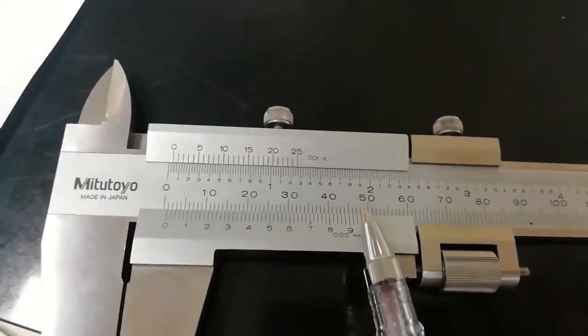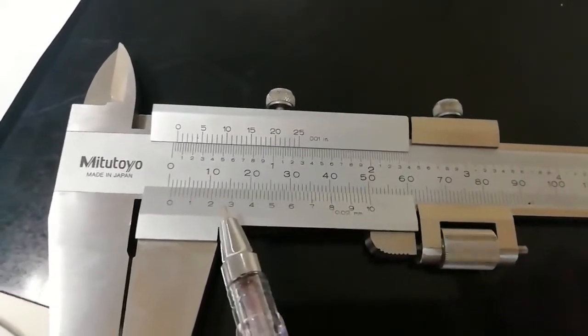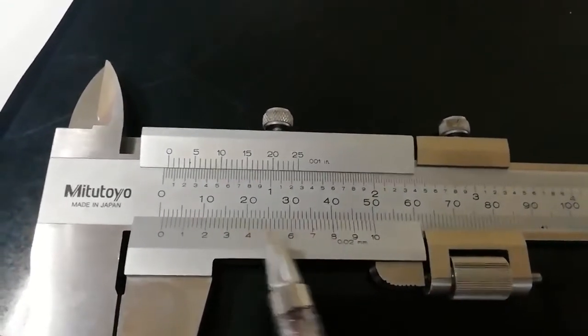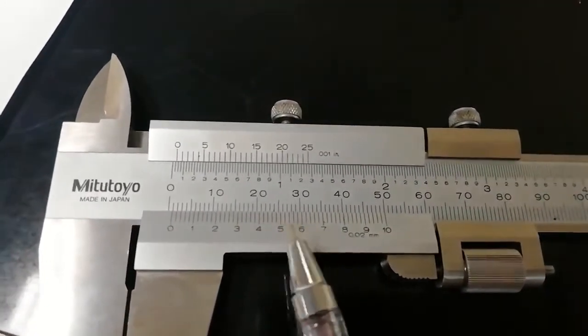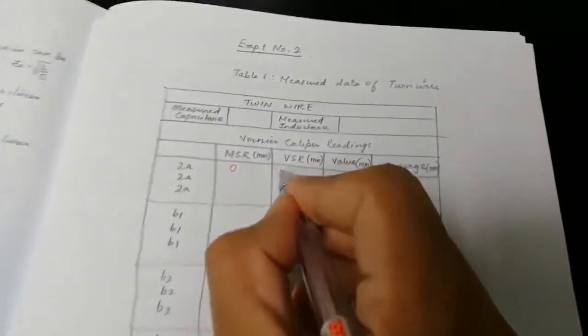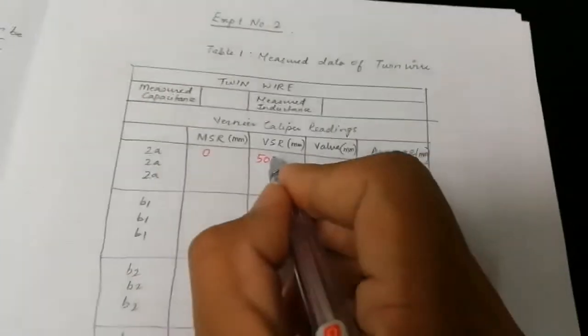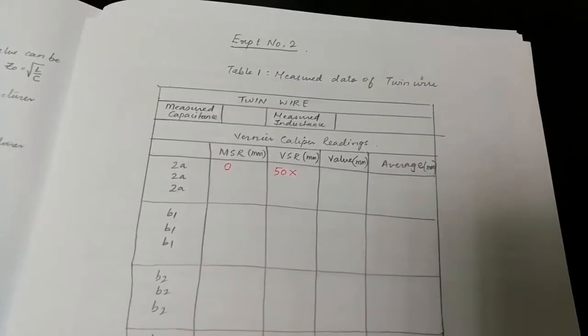So it is almost 50. How to get this vernier scale reading, your instructor is going to explain when he takes this experiment. Okay, so this is 50, and you multiply it by the vernier count.